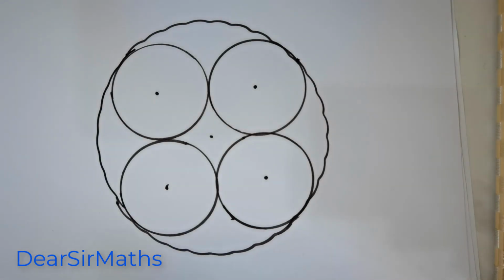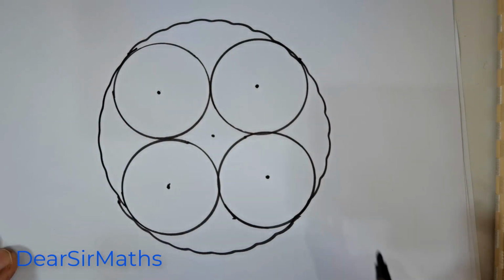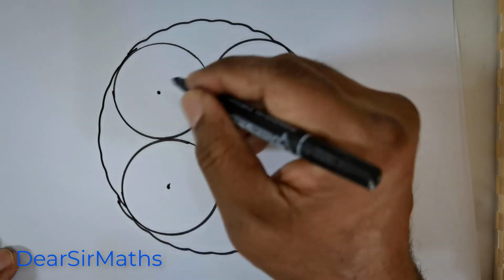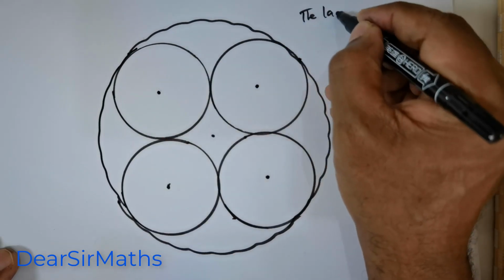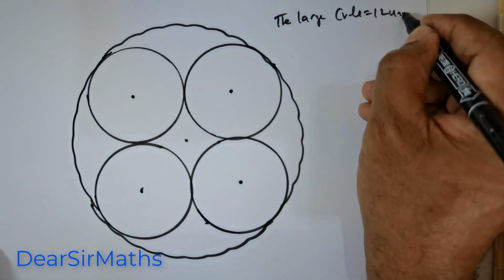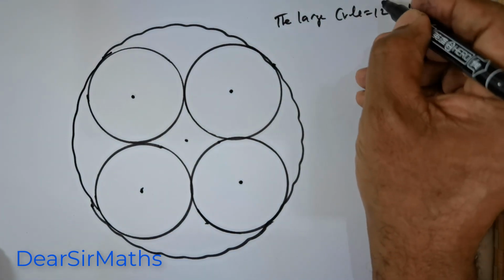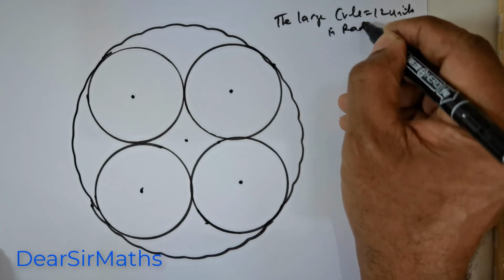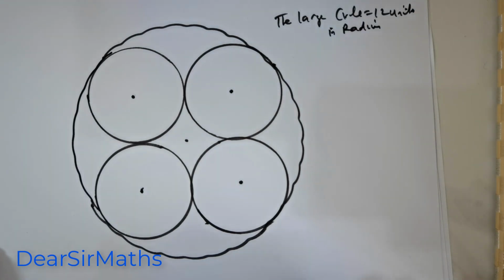Now these are the information that has been given. What is that? The large circle is 12 units in radius.